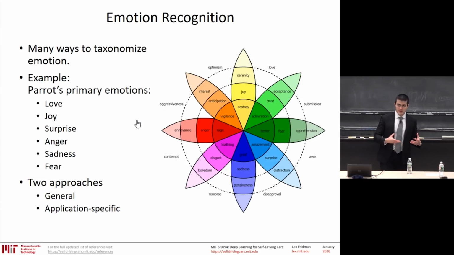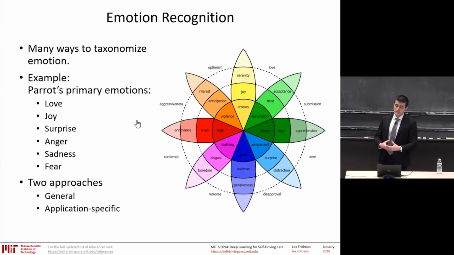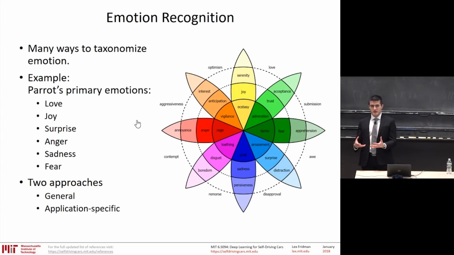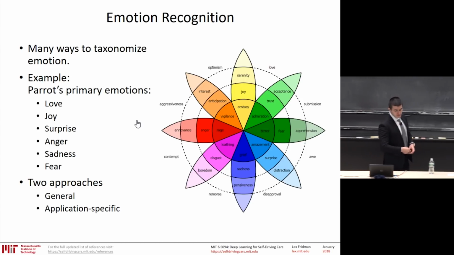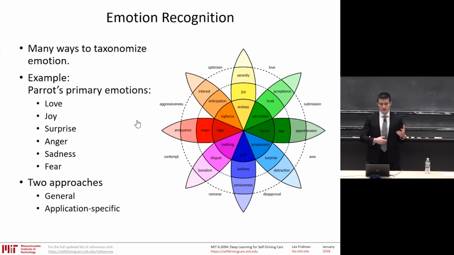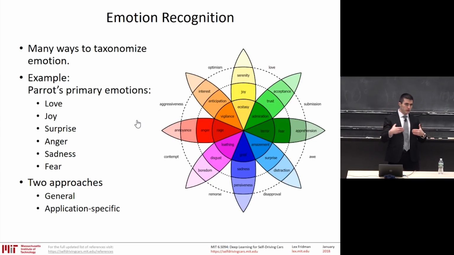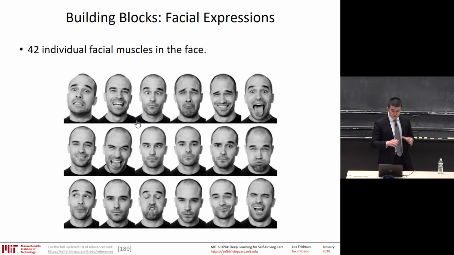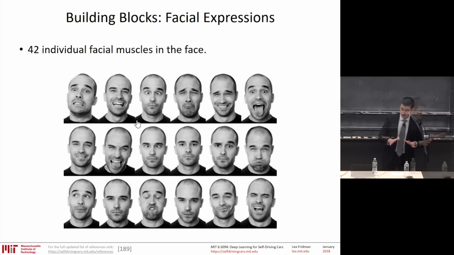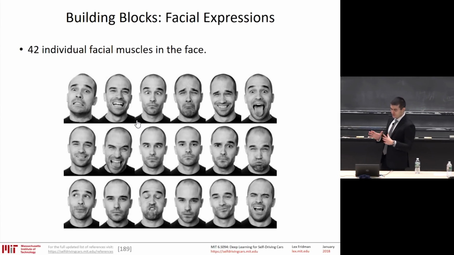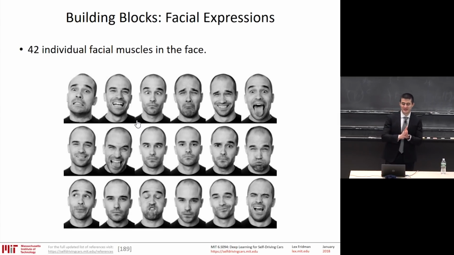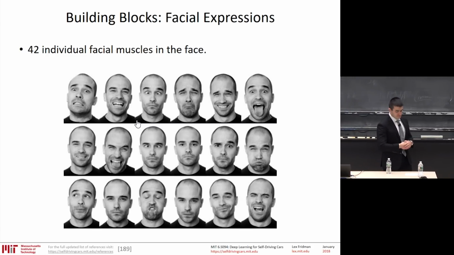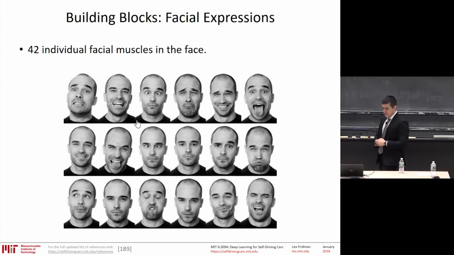And then there is application-specific emotion recognition, where you're using the facial expressions, all the various ways that we can deform our face to communicate information, to determine a specific question about the interaction of the driver. So first, for the general case, these are the building blocks. There are countless ways of deforming the face that we use to communicate with each other. There are 42 individual facial muscles that can be used to form those expressions.